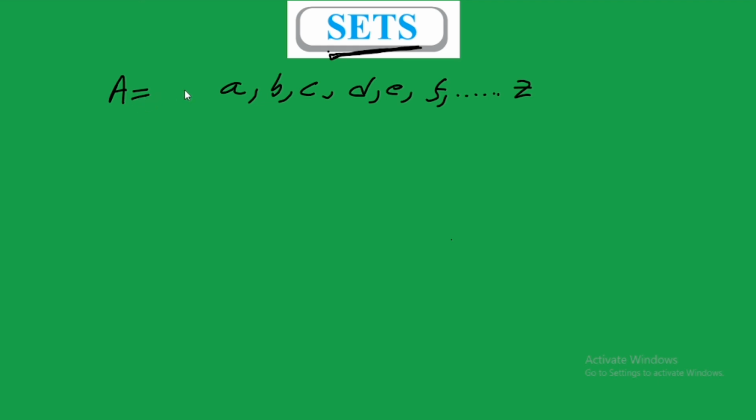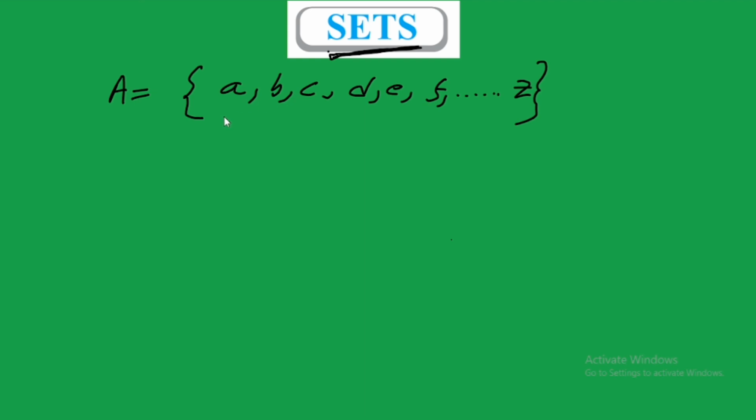of our English letters. Here we write the set name on the left-hand side in a capital letter A, and we write all these objects, elements, or members in small letters, enclosed in curly braces. Inside these curly braces are all the members or elements of the set.